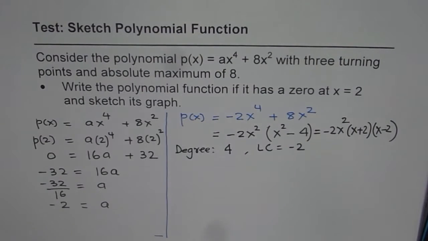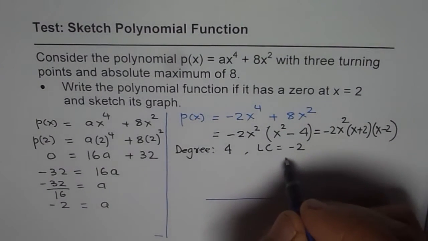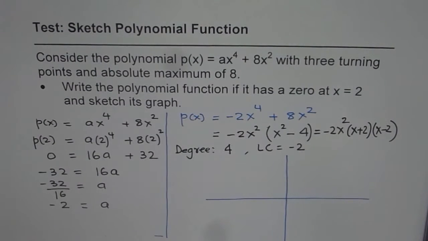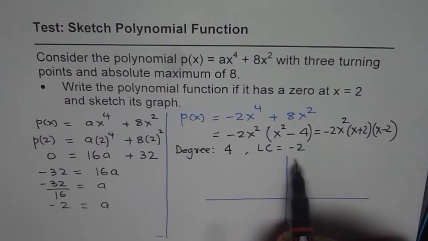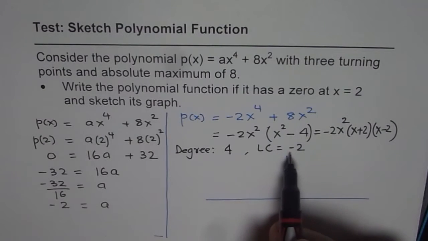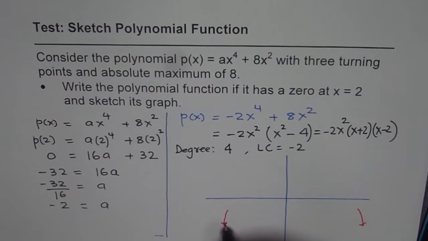Now from here we know basic characteristics of the function, and let's put them on the paper. If the degree is 4 and leading coefficient is minus 2, what can you say about the end behavior? Leading coefficient minus 2 means right side down, right? That is it. 4 is even, both face same side. So that is the end behavior.